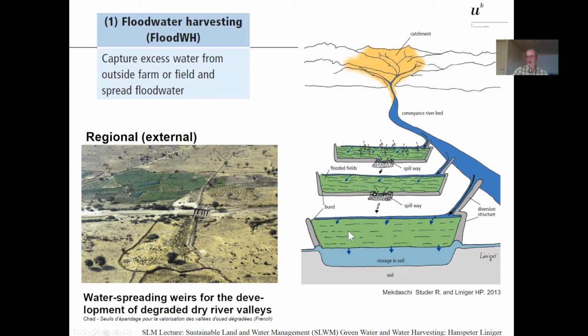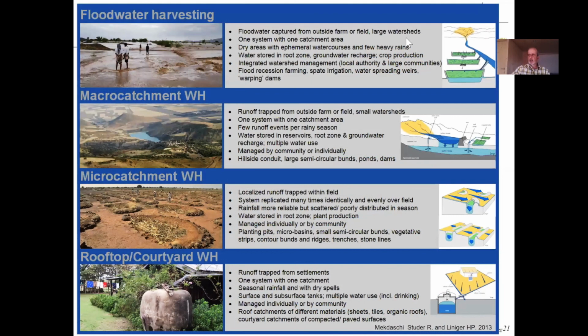This is the flood water harvesting system. You can see water flowing this side, and the structure here stops the water from being channeled and spreads it over the land, and then you can use that area for crop production after the flood.